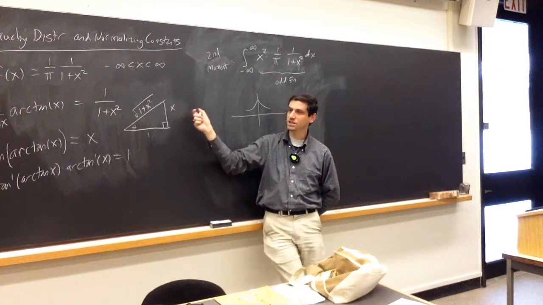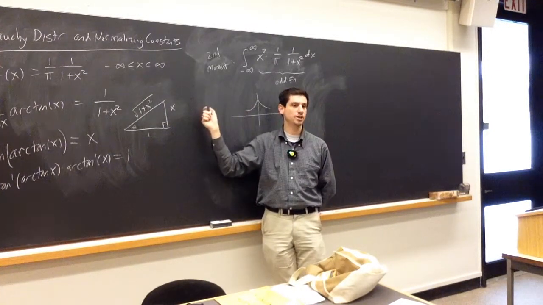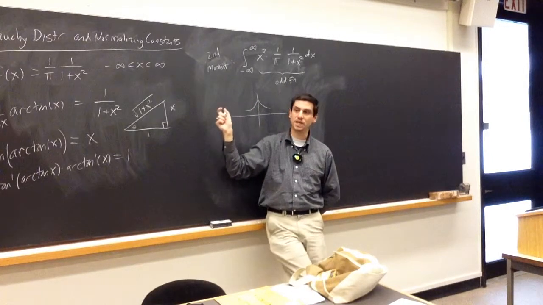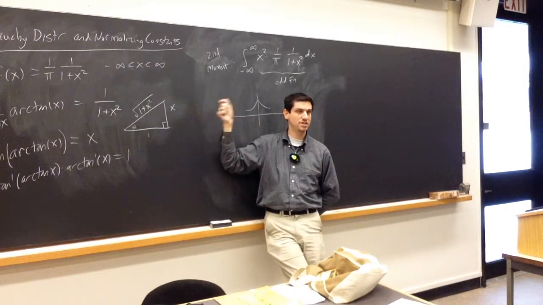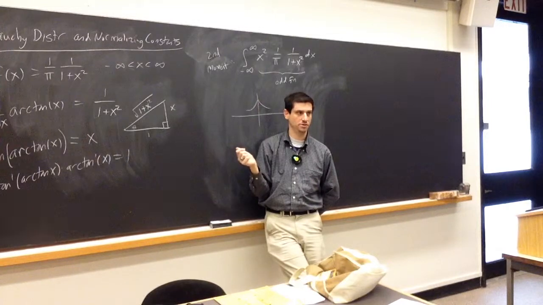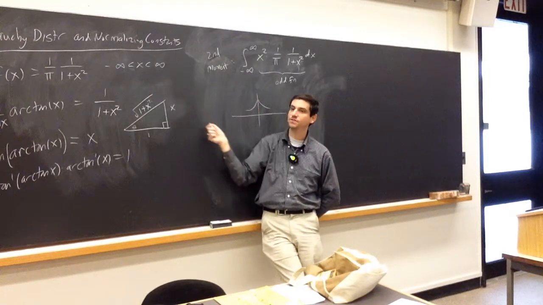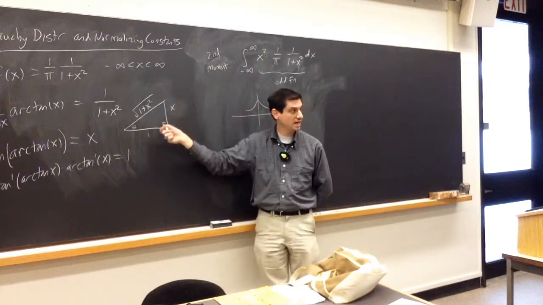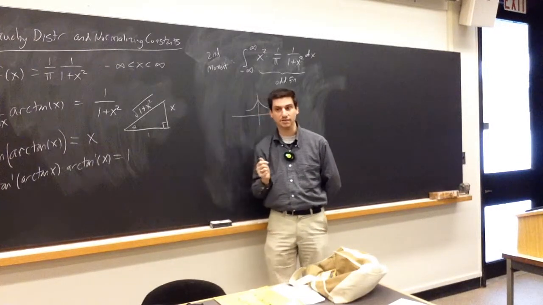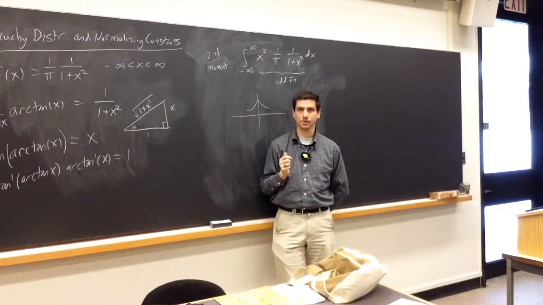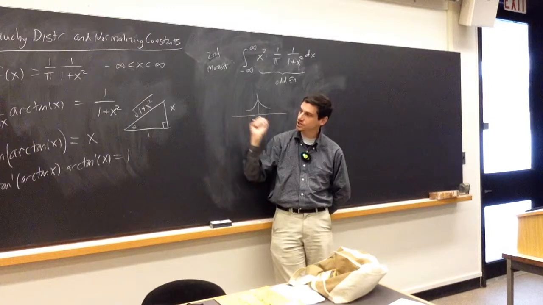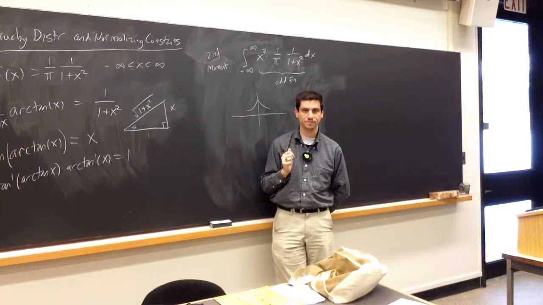The Cauchy distribution decays very slowly compared to the normal. The normal decays like e to the minus x squared. It's decaying faster than exponential. The Cauchy distribution decays very slowly, and so it actually assigns reasonable probabilities to high events. And so we'll see later in the semester some good applications of the Cauchy.